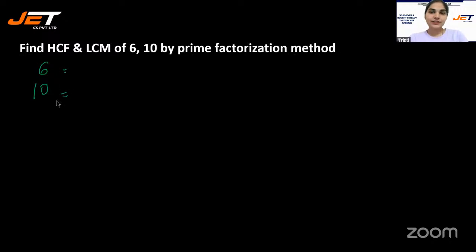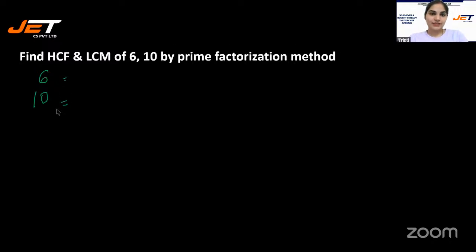Write the factors, prime factors basically. Come on, dear children, the same way. First, do the prime factorization, and then with the help of that, we are going to find out the LCM and HCF.